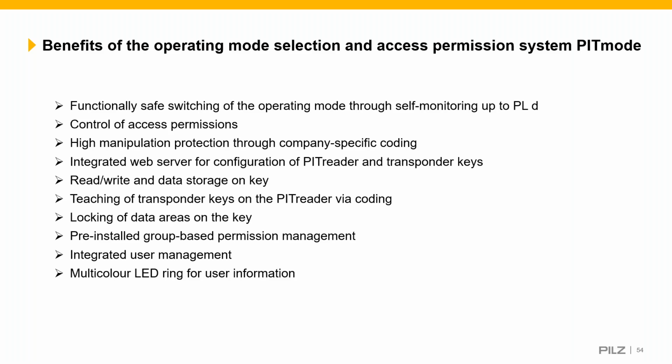You can read, write, and store data on keys. The teaching of transponder keys on the PIT reader via coding. Locking of data areas on the keys. Pre-installed group permission rights management. You've got integrated user management and you've got the multicolour LED ring for user information.